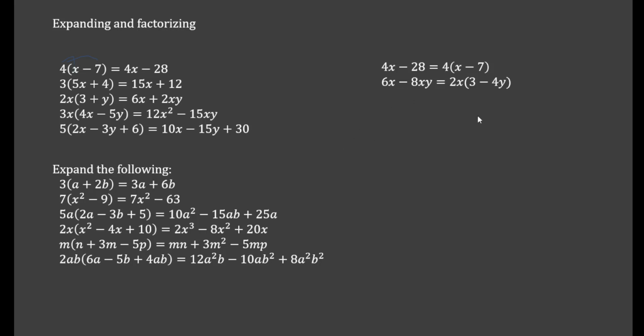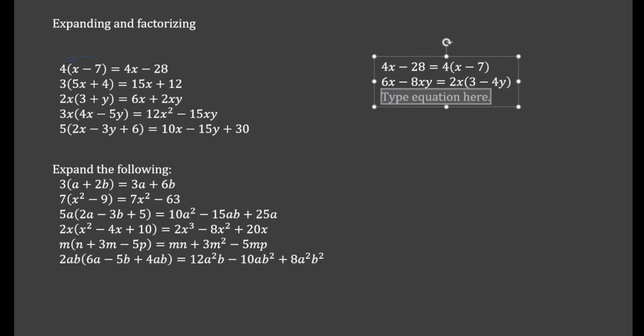So let me give you another example. But any questions so far? It's basically the reverse of what we were doing with expanding, where the result is a common factor, and the terms that cannot be grouped are inside of the brackets, and it cannot be simplified any further.